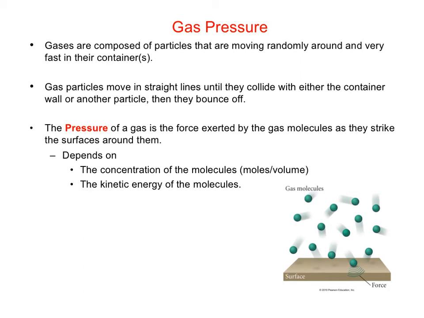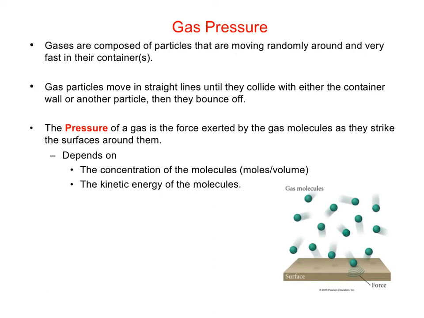And the pressure of a gas depends on the concentration of molecules, right? So the more molecules there are per unit volume, the more often a molecule is going to be striking the surface, and so the pressure is going to go up. It also depends on the kinetic energy of the molecules. If they have more kinetic energy, that means they're moving faster. So when they hit the surfaces, they're going to be hitting them harder, and that's going to yield a higher pressure.